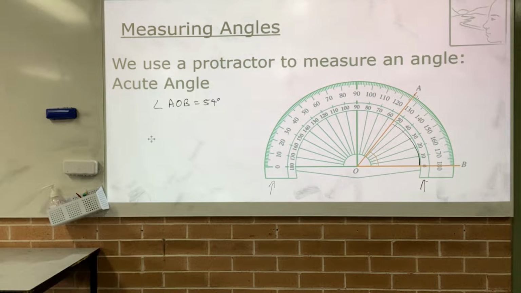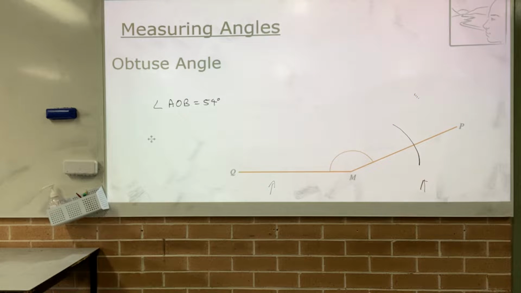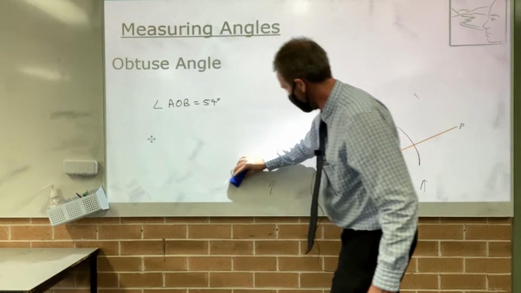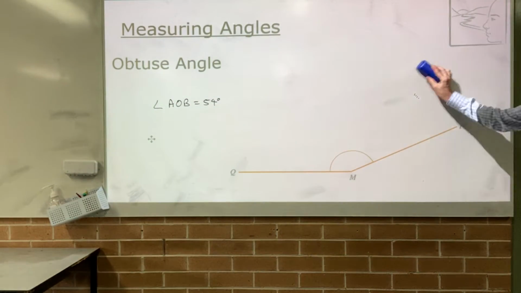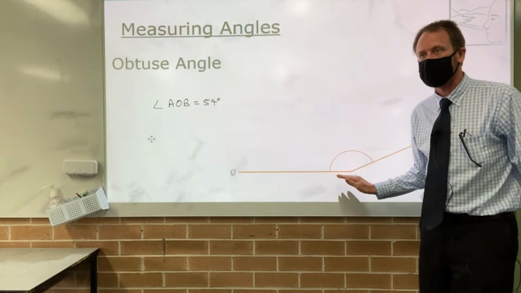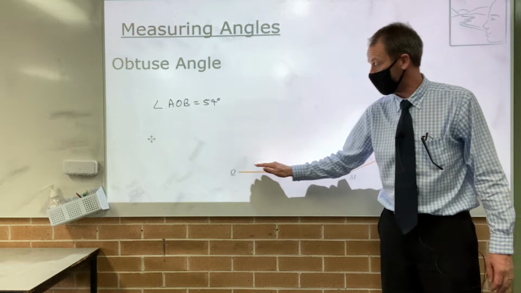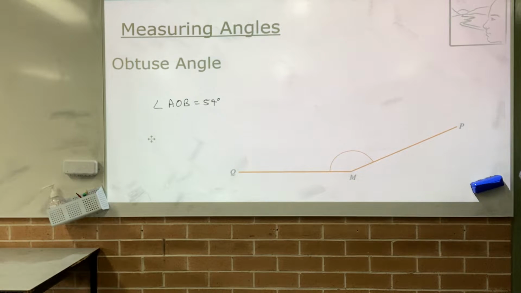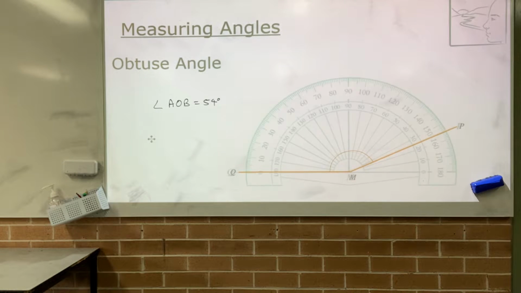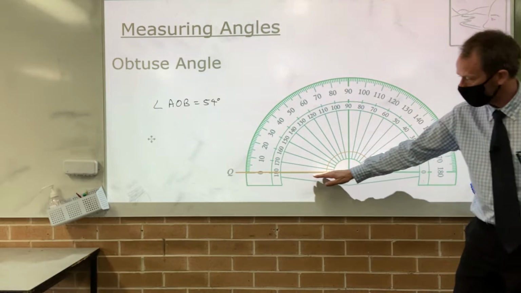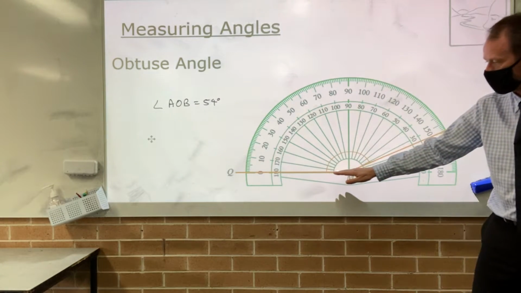Let's have a look at our next angle. This is what we would, of course, call an obtuse angle. And notice I've actually got the bottom line on the left-hand side this time. So when we put the protractor on, there we go, there's our protractor. You can see it's on the left-hand side.